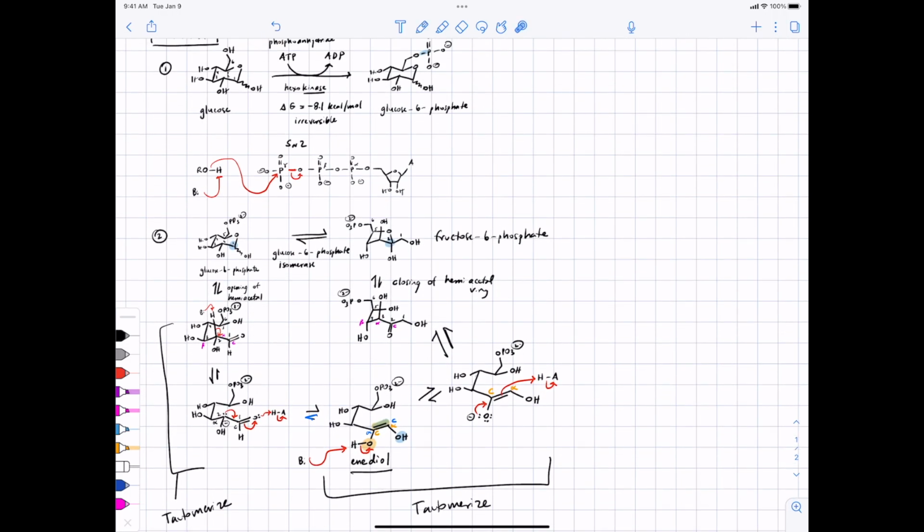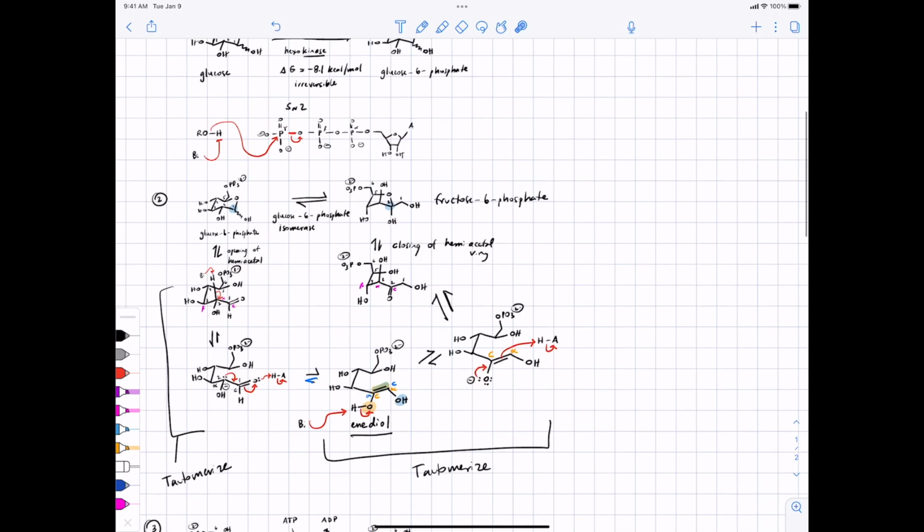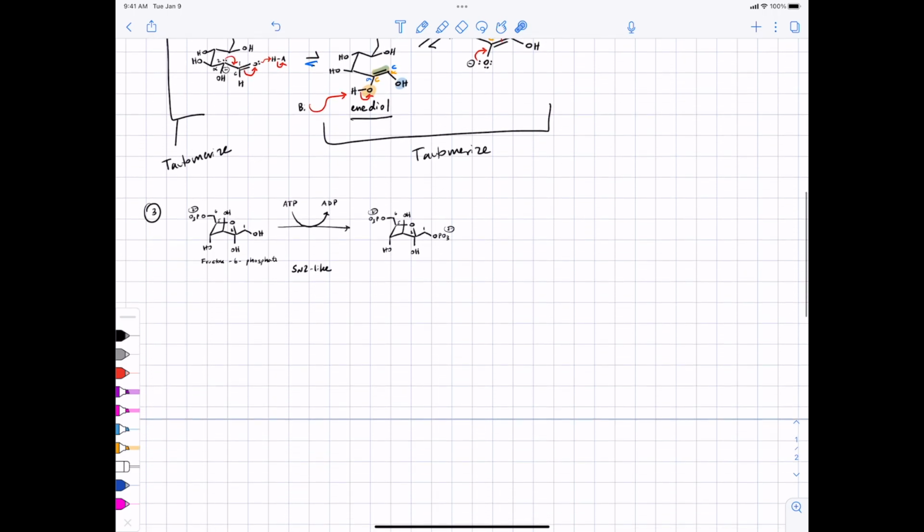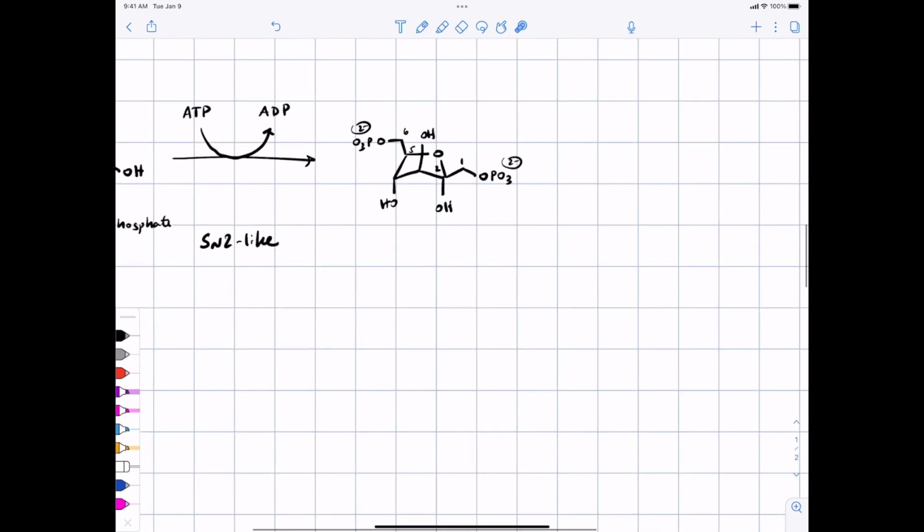Remove a proton from the OH group, and the negatively charged oxygen attacks the gamma phosphate of ATP, breaking a phosphoanhydride bond and replacing it with a stronger phosphoester bond. Here's the new phosphoester that we made.